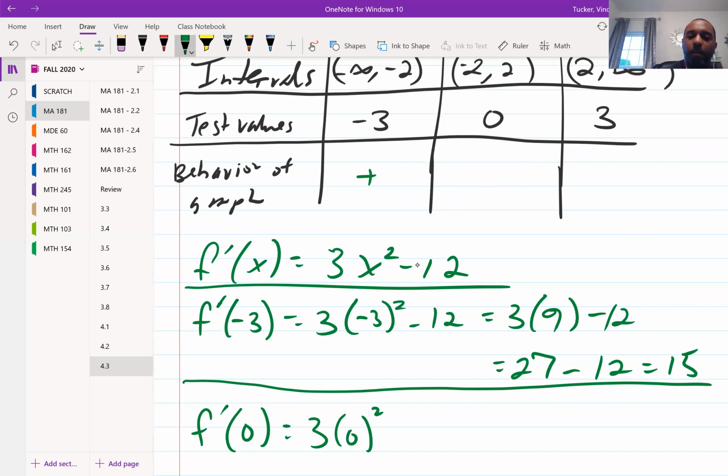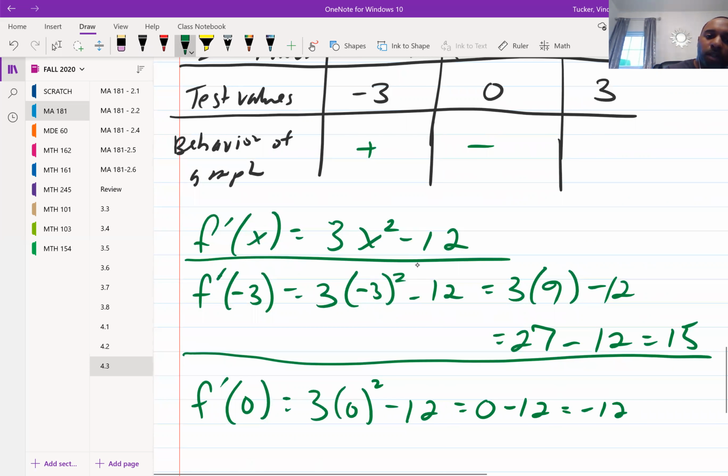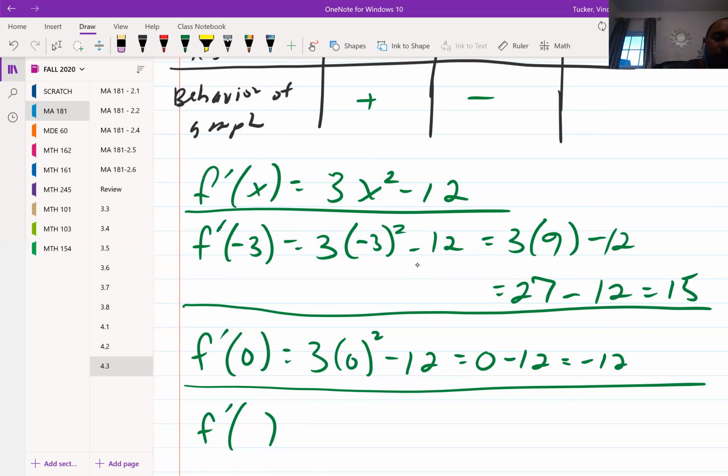Right. To the negative 2, see, we get a negative right here. And then for that last one, like I said before, just because you get, let's say, positive, negative, negative, that does not mean you did anything wrong. You just have to make sure that you calculate it correctly. If it happens, then it happens.